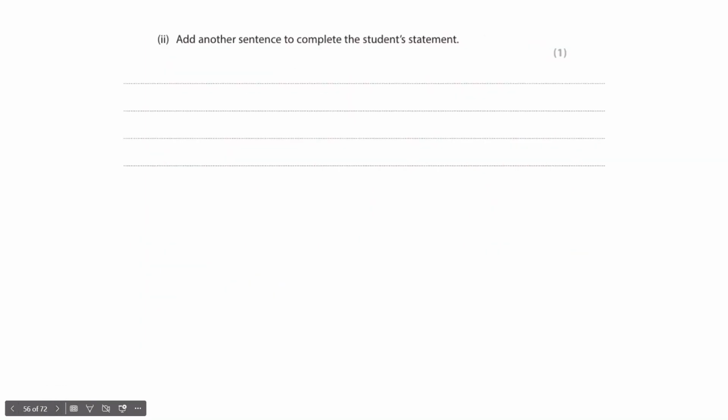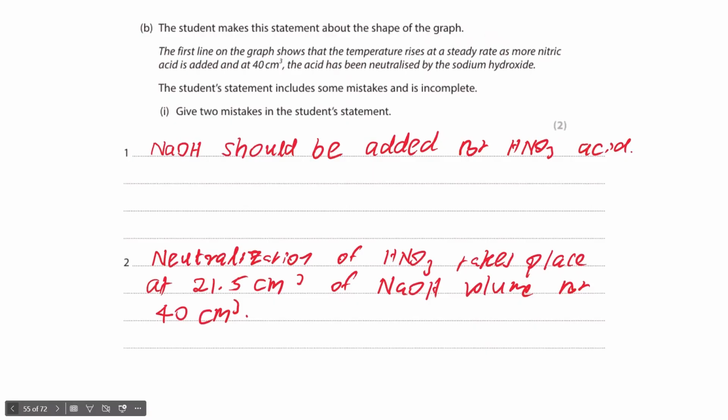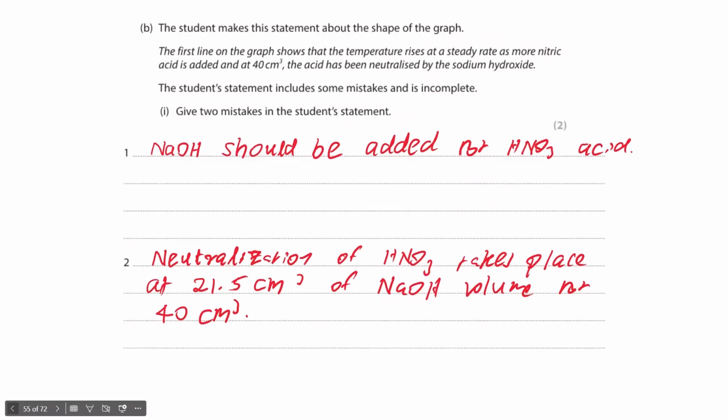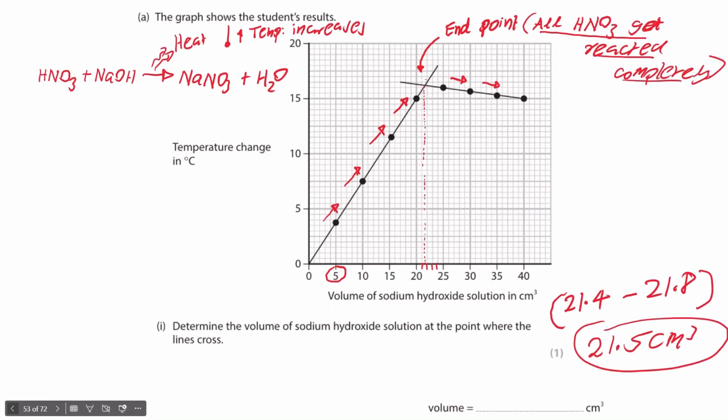Add another sentence to complete the student's statement. He didn't talk about the temperature decrease, no? He talked only about 40 being the highest temperature, but it's not 40. He never explained why the temperature decreases. Do you know why?